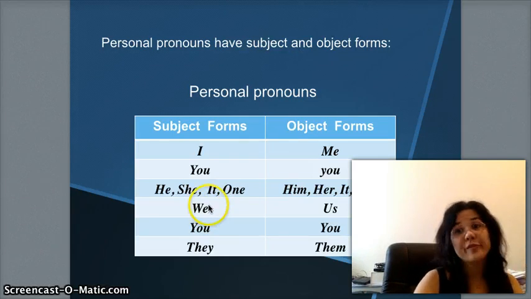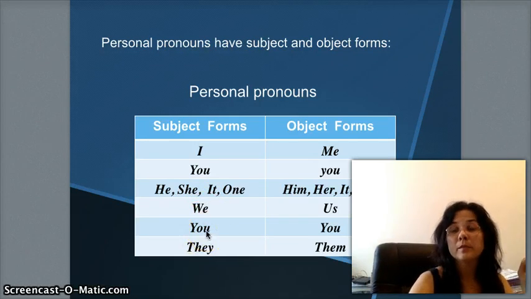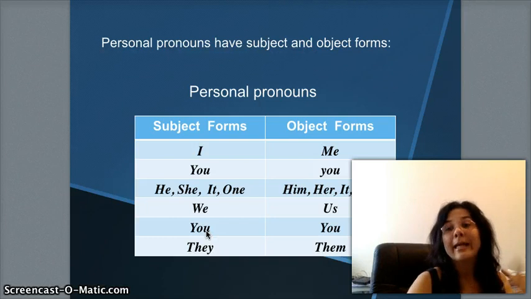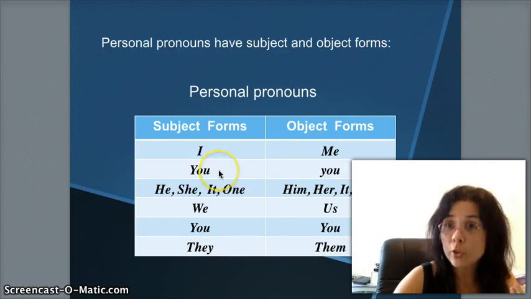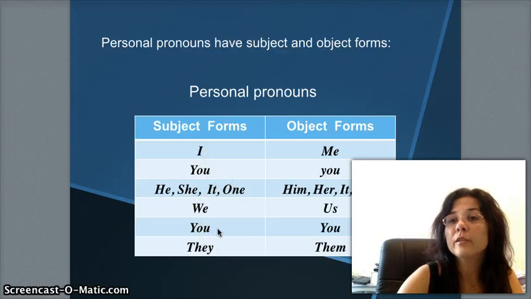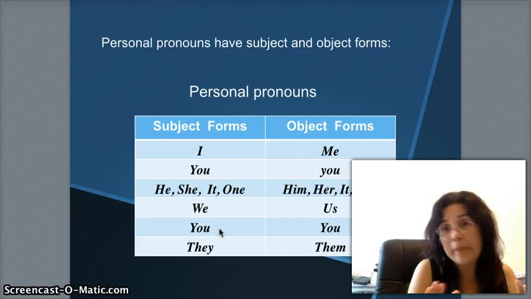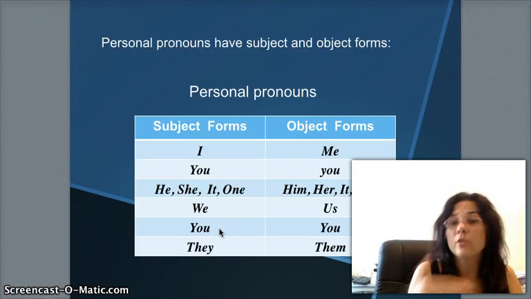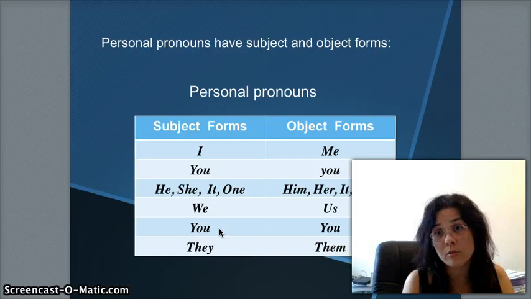We for first person plural, you for second person plural. And then you might ask me, what is the difference between you for the second person singular and you for the second person plural? Well, the spelling is the same. You can only identify which one you are referring to according to the context.